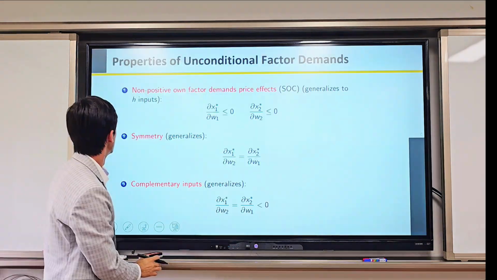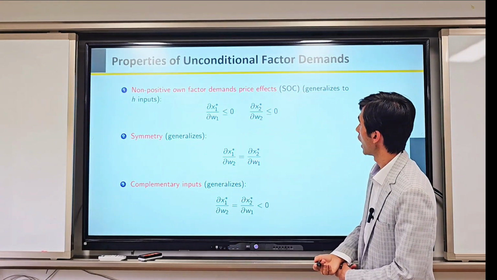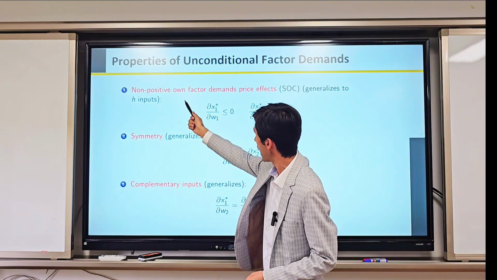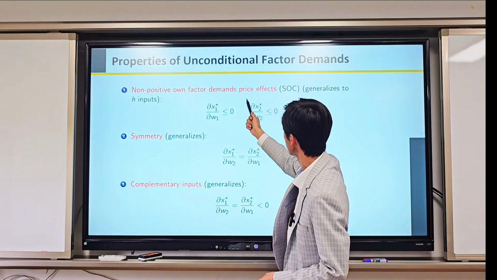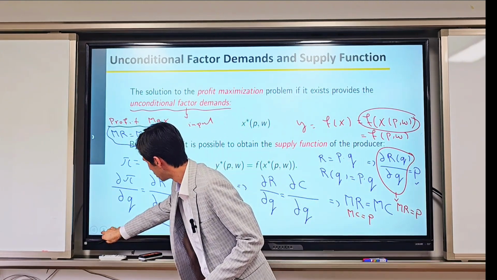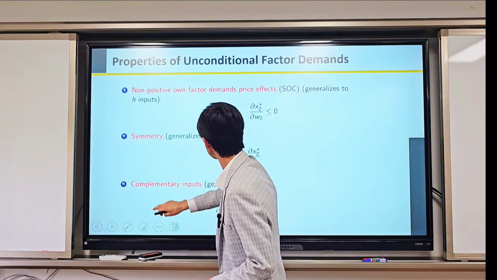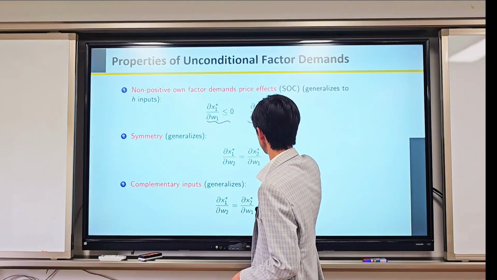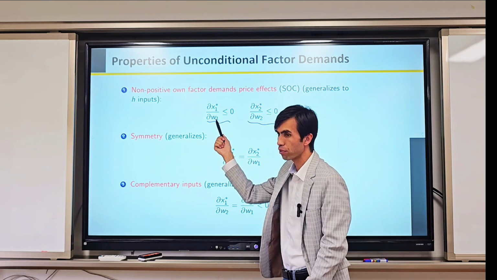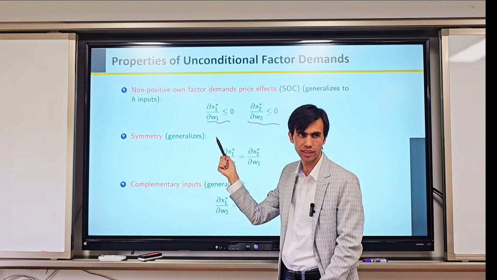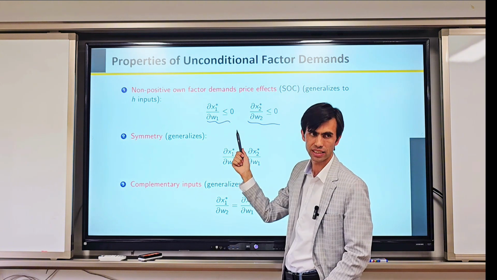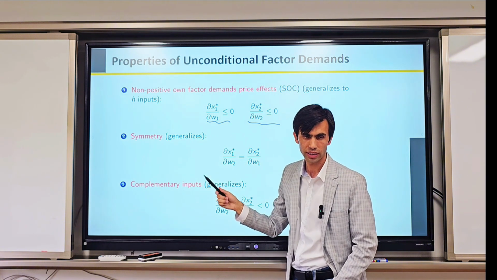So there are some properties for the unconditional factor demand function. The first one is non-positive factor demand price effect, as both of them are less than 0. What does it mean? It means when the price of input 1 increases, the demand for input 1 would decrease.